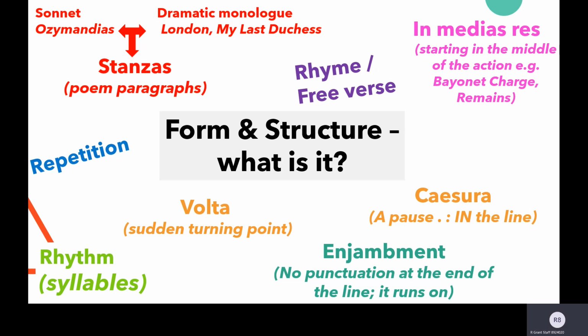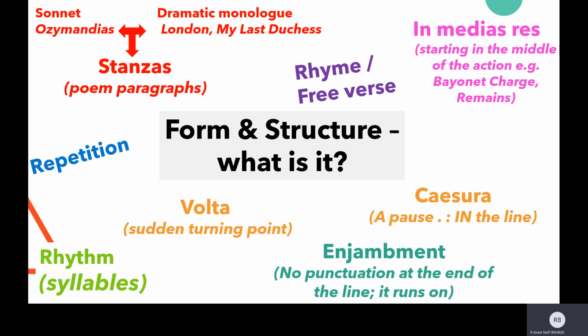We see this in Remains and Kamikaze, two poems which are both about memory and kind of follow the speaker as they recall the past. And finally, we have a caesura, which is a pause, usually a full stop, in the middle of the line, which forces you, the reader, to pause at a specific point, maybe to emphasize or highlight something.